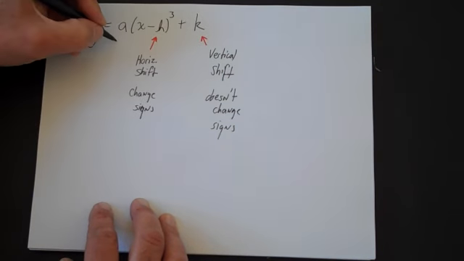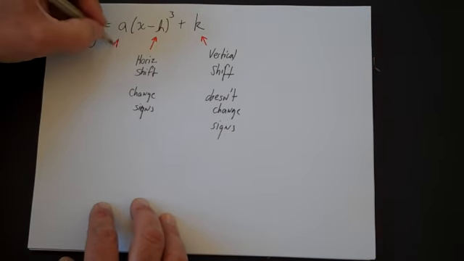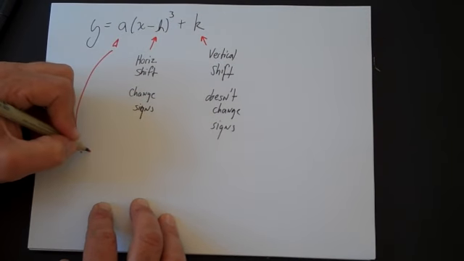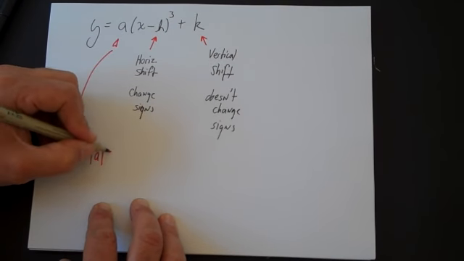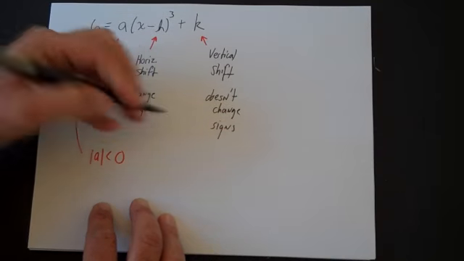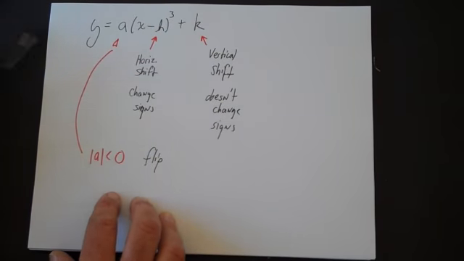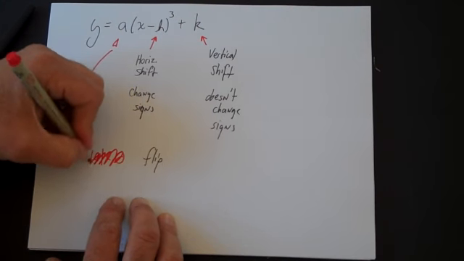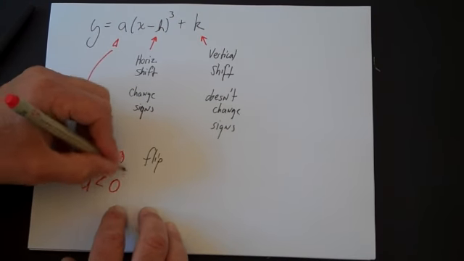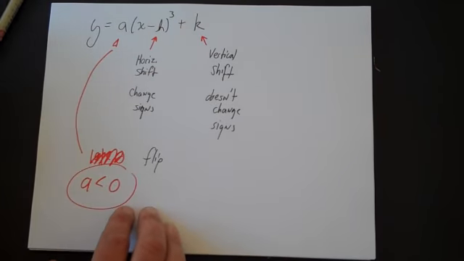Now the a does two things. If a is negative, then the function flips. Let me show you what that looks like.